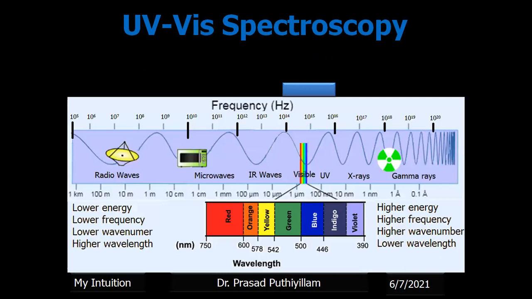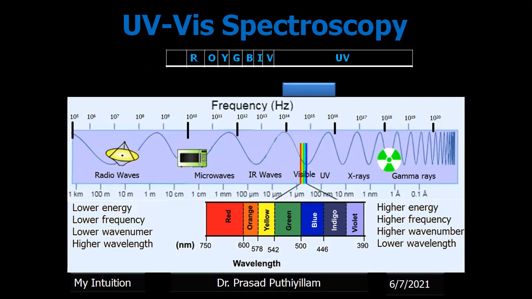Now coming back to the frequency range, 10 to the 14 to 10 to the 16, which I took separately and is represented here. Here it is represented with the colors red to violet, and the continuation is UV. So I will be continuing with that. Roughly it is given as 10 to the 14 to 10 to the 16.